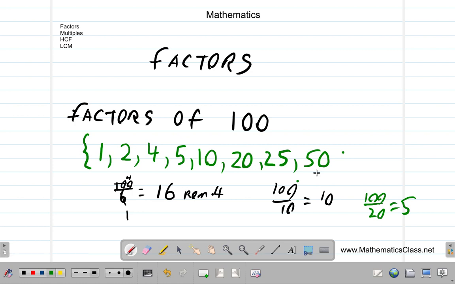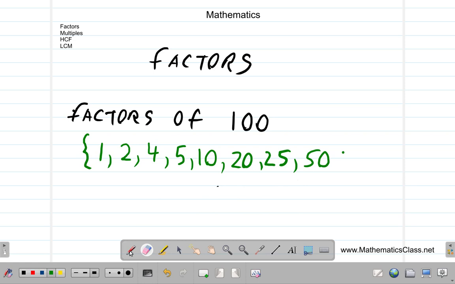Here is one more. What could that factor of 100 be? Well, people, a number is always a factor of itself, because if you try to divide 100 by 100, you get your answer 1.